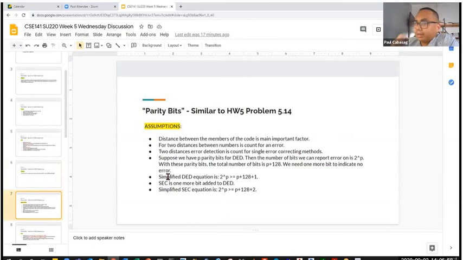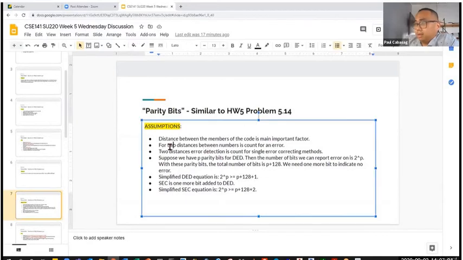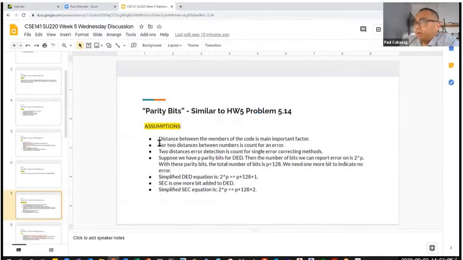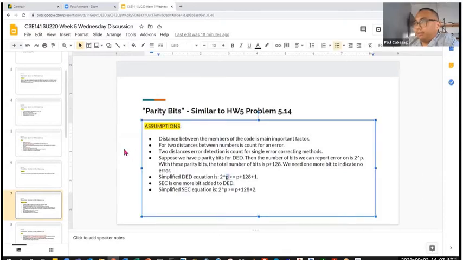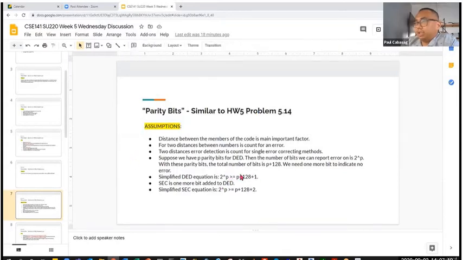But before that, let's look at some assumptions that would be very helpful. Looking at this problem, this P is your parity bits, and this is an equation in the book.